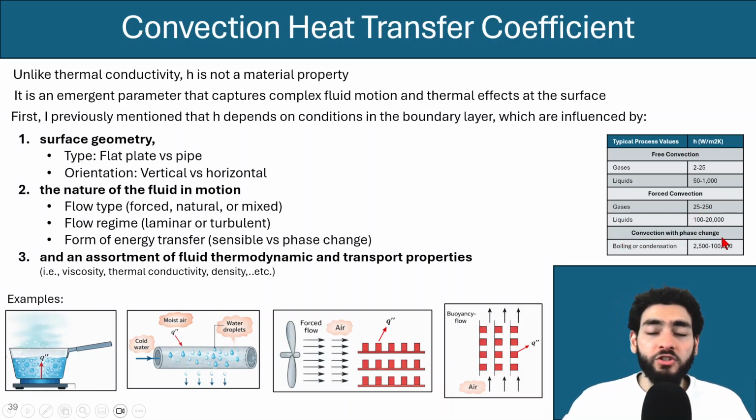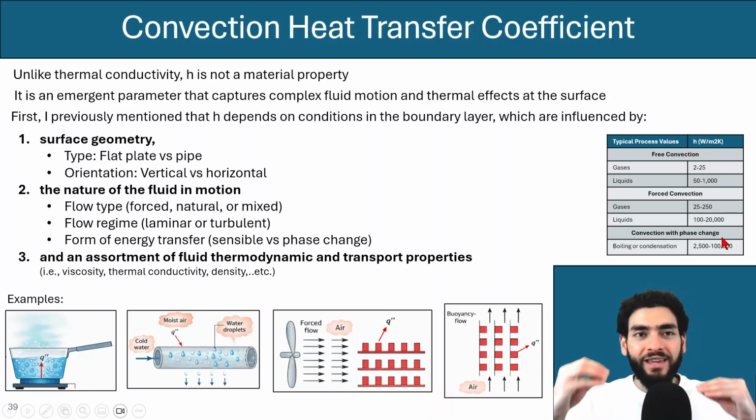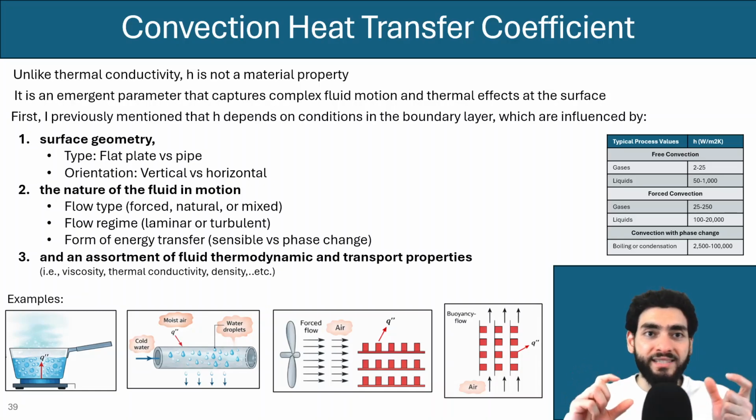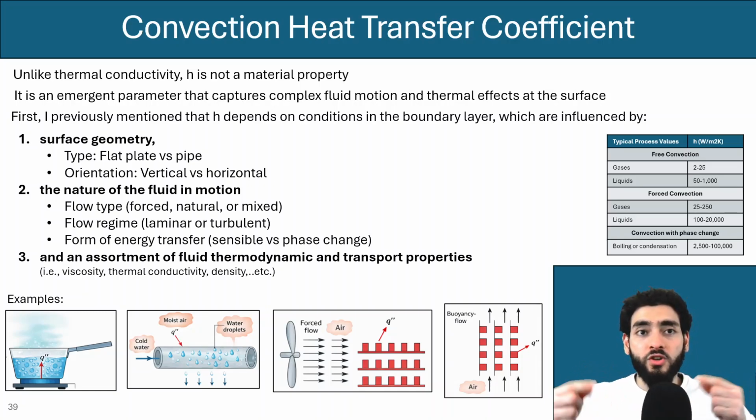And if you have convection that has any phase changes involved, now we're talking about a lot higher heat transfer convection coefficients. That is why sizing equipment that would have phase changes would bring you the highest heat transfer convection coefficient. And some people actually utilize that to their advantage when they're trying to promote heat transfer as much as possible. All of this will make more sense when you look at different examples.